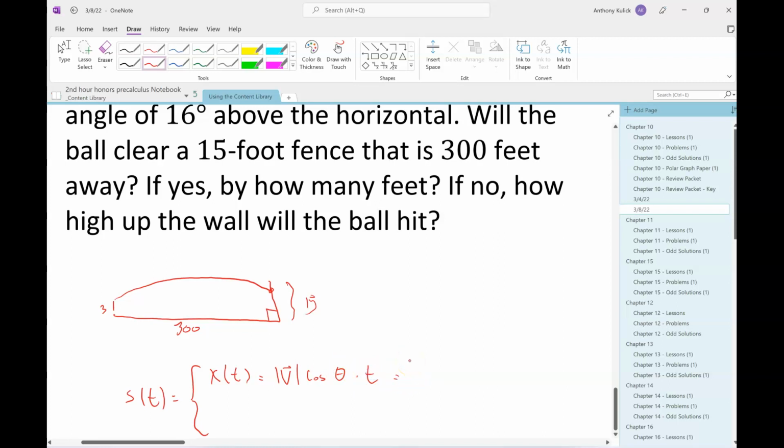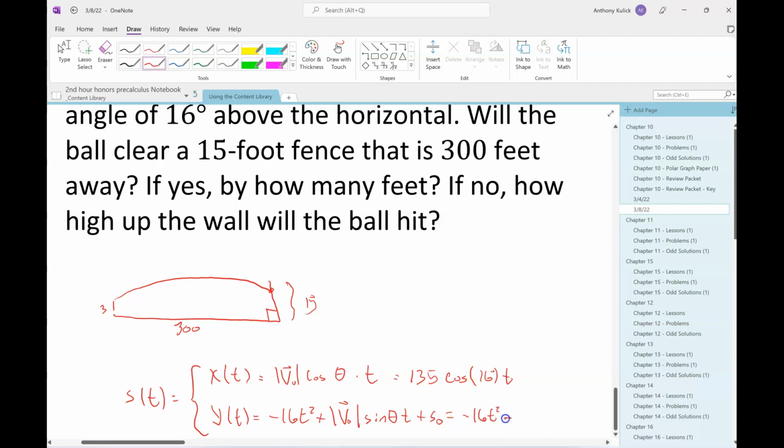So what is our initial velocity, or the magnitude of our initial velocity here? 135. And the angle is 62 degrees. So that's our first equation. Then we have negative 16t squared plus magnitude of initial velocity sine t plus initial position.